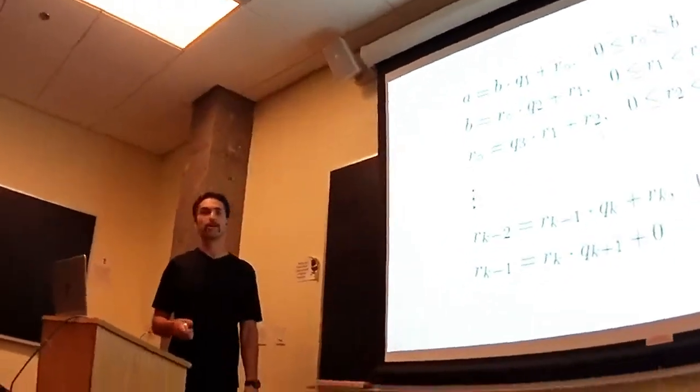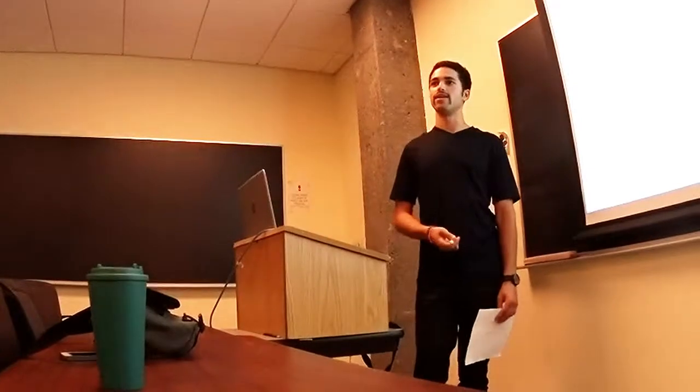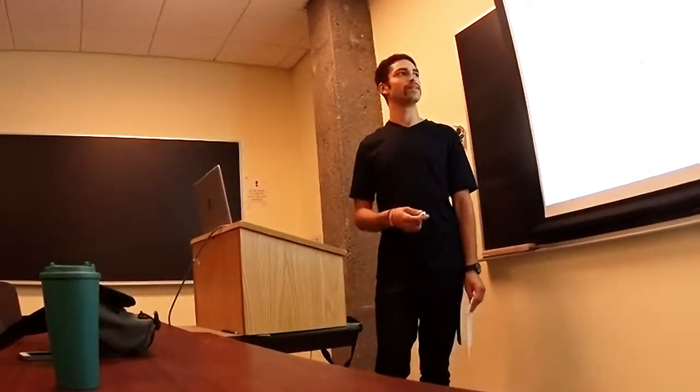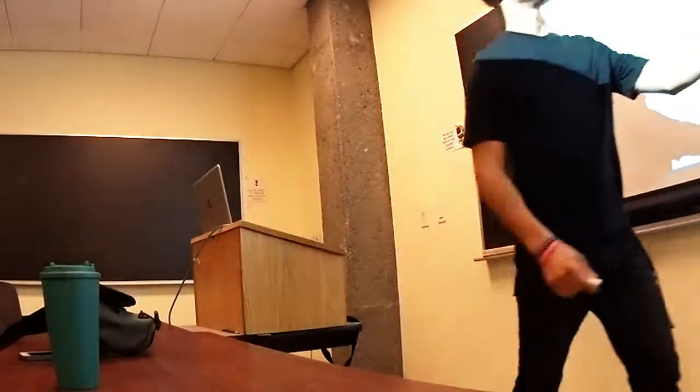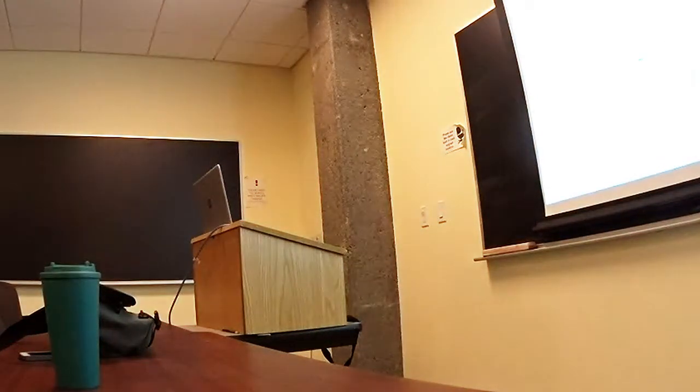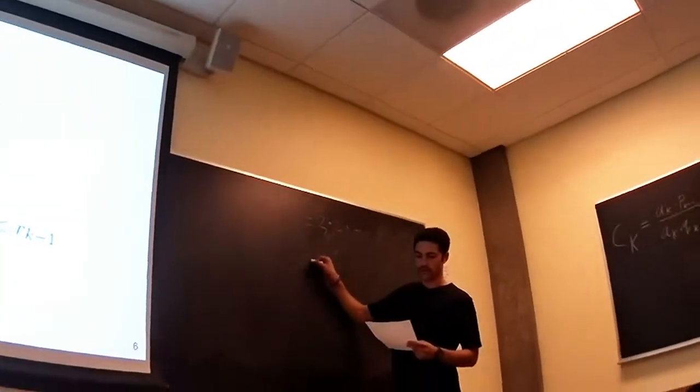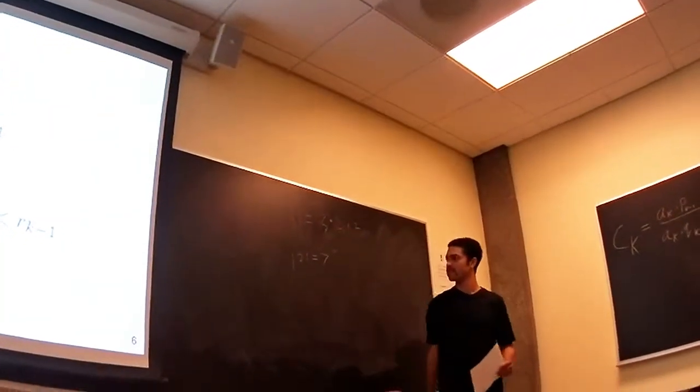So moving on. To build up our continued fractions, we can take that division theorem and repeatedly apply it. I know this looks super complicated in the more general form, but it's not actually that bad. Say we take 121 and we want to divide it by 7.